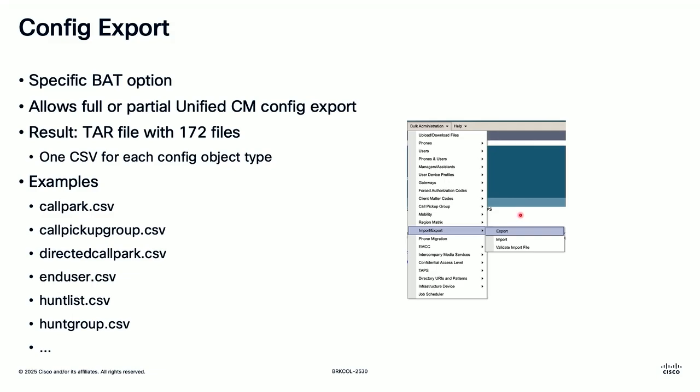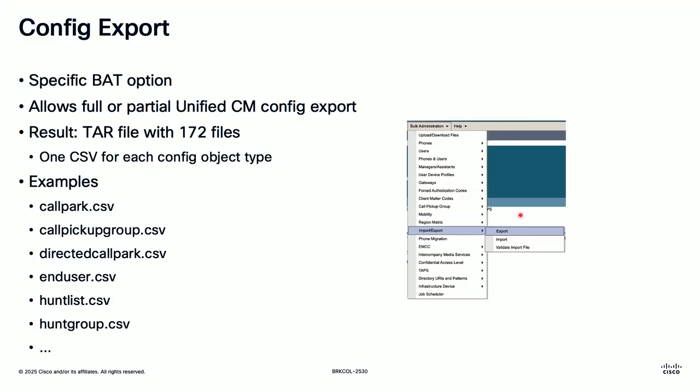And if you do a full export, it gets you a tar file with, I think, 170-odd CSV files in there, each CSV file more or less representing one table in the Informix database of UCM. That's not quite true, but more or less. Every entity that's configured in UCM is reflected in one of those CSV files.